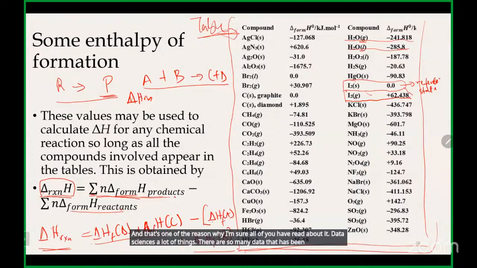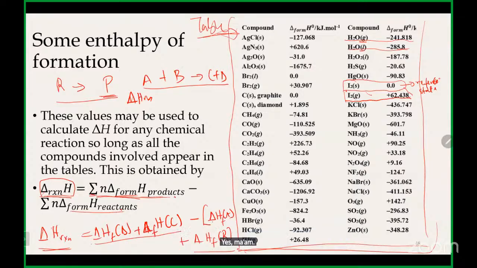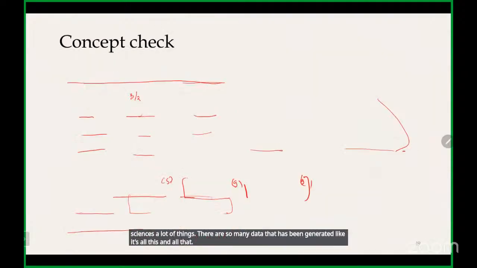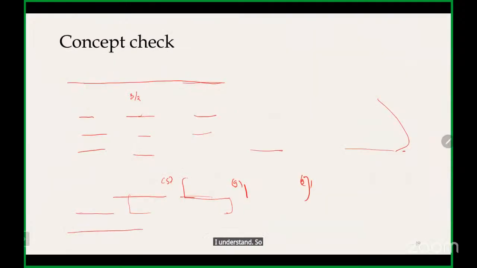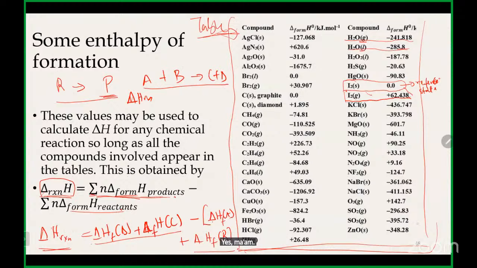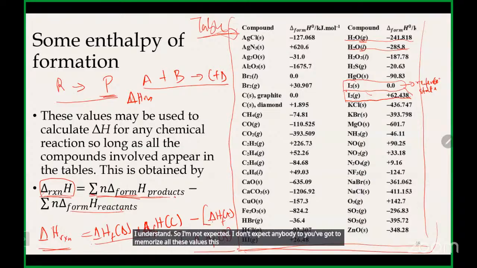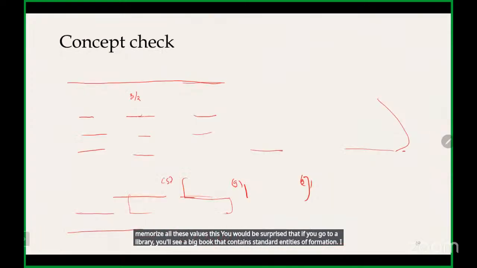So you understand? I don't expect anybody to memorize all these values. You would be surprised that if you go to a library, you see a big book that contains standard enthalpies of formation. I don't expect you to memorize it.